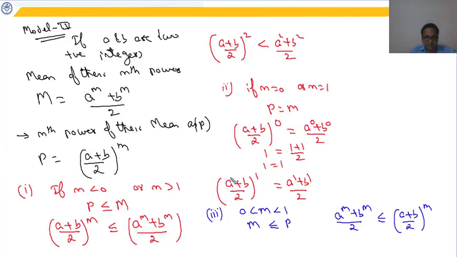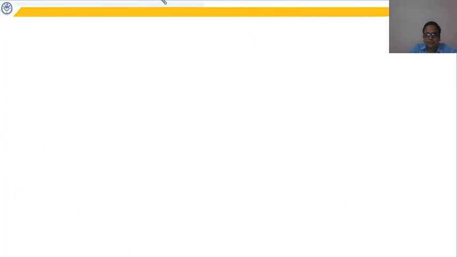Now this rule can be extended for 3 or more quantities also. You have to remember these models. For example, you can extend this to 3 or more quantities also. A is greater than 0, B is greater than 0 and C is greater than 0.